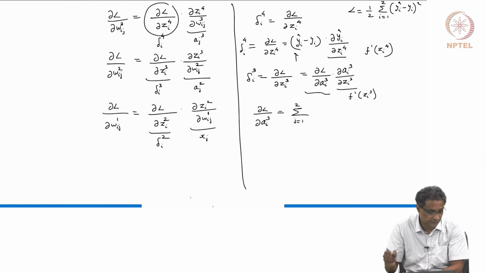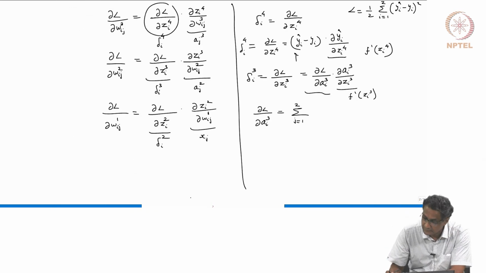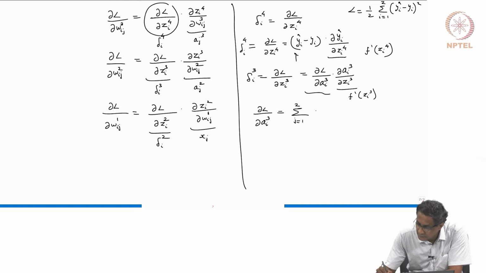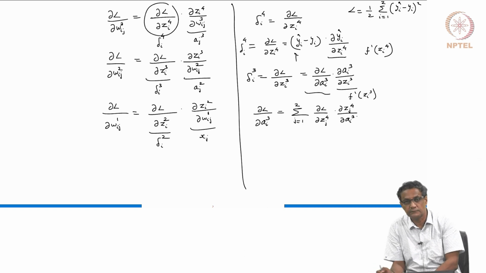Actually, it should be zj4, because the summation is over j, not i. So, dou L by dou zj4 and dou zj4 by dou ai3. This is okay.